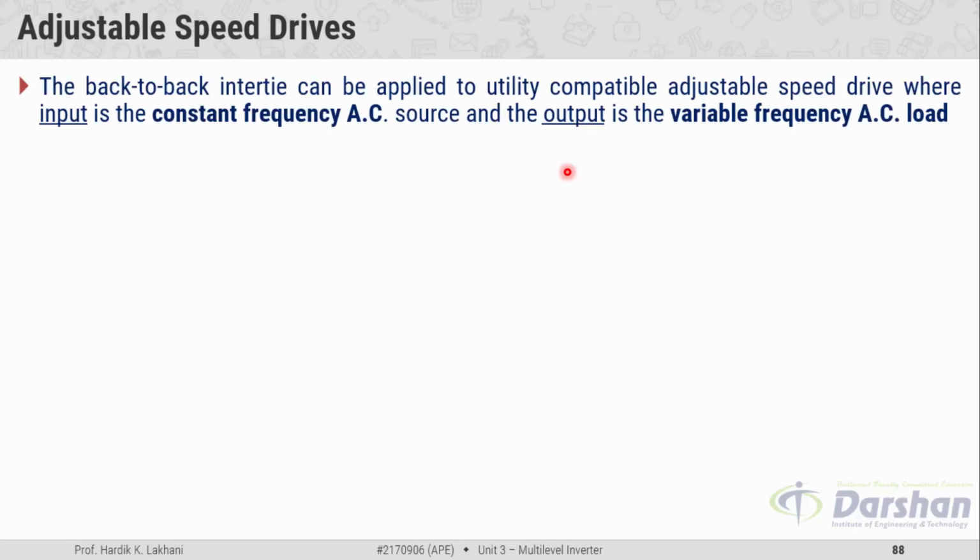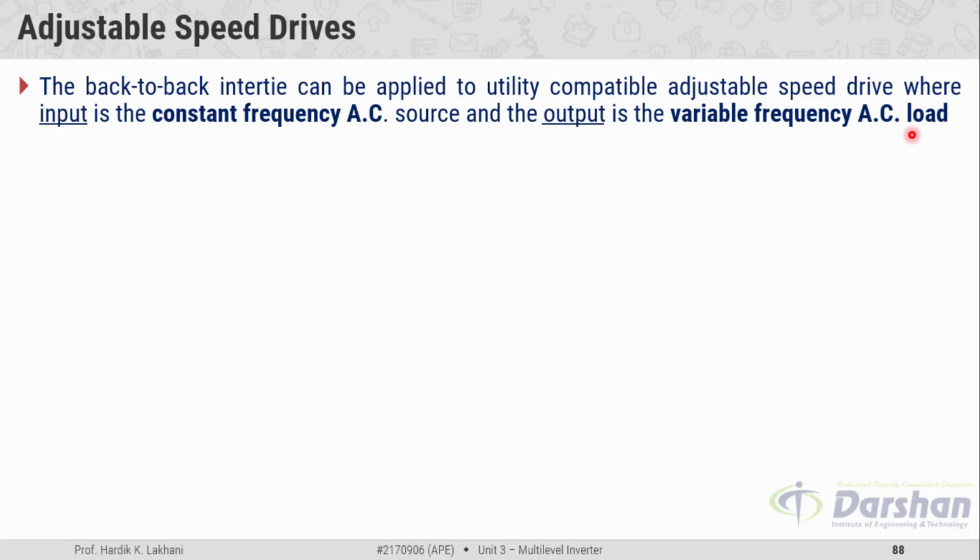The next application of multi-level inverter is the adjustable speed drives. The back-to-back intertie can be applied to a utility compatible adjustable speed drive where input is the constant frequency AC source and output is the variable frequency AC load.